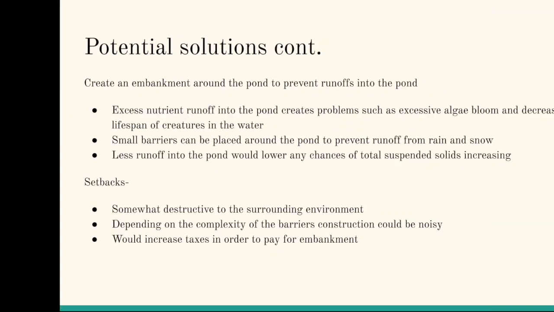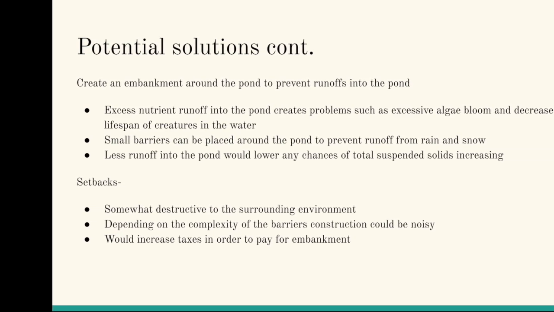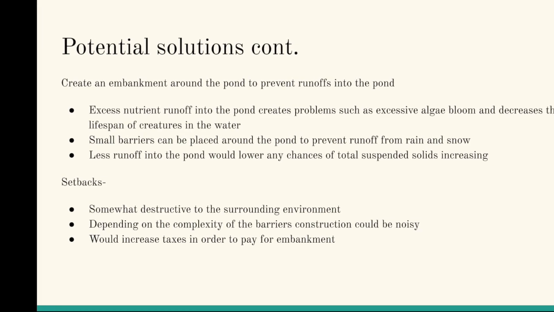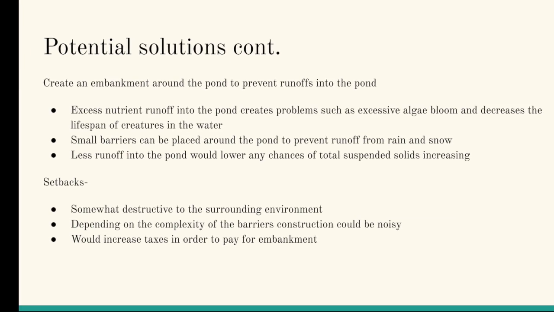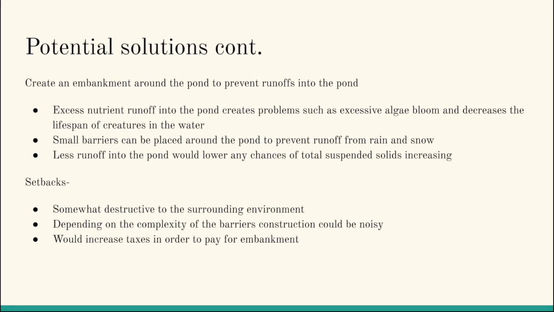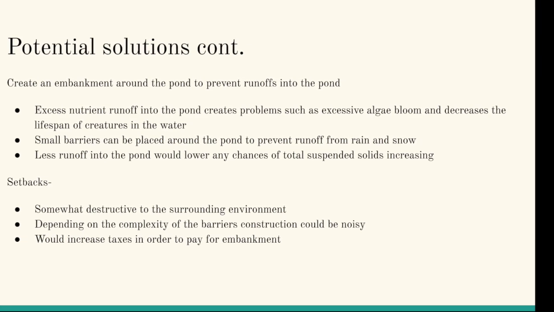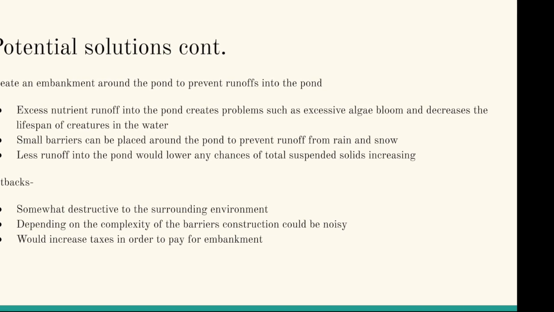Another possible solution would be to create an embankment around the pond to basically prevent runoff into the pond. This would catch extra nutrient runoff, thus stopping large algal blooms, and it could also prevent erosion. However, this could end up being destructive to the actual environment around Martel Pond.